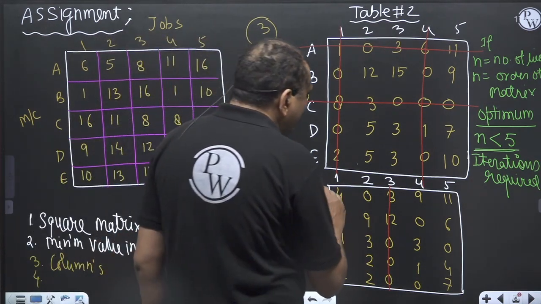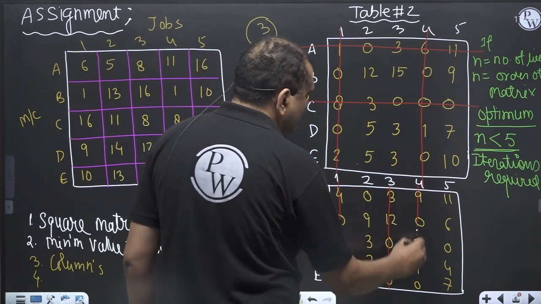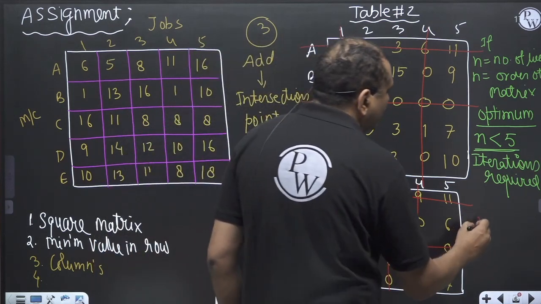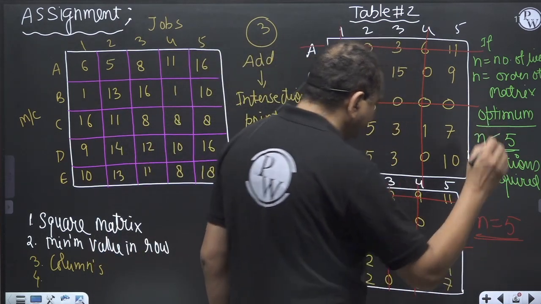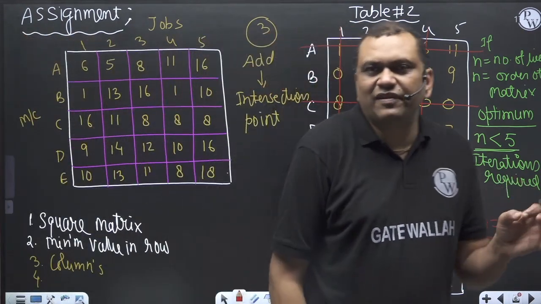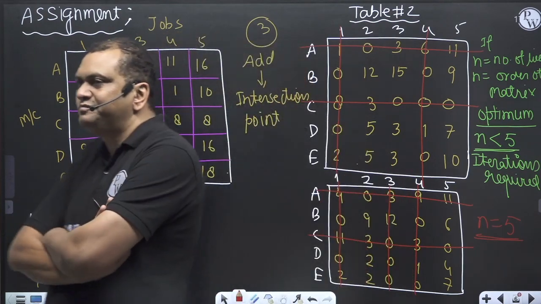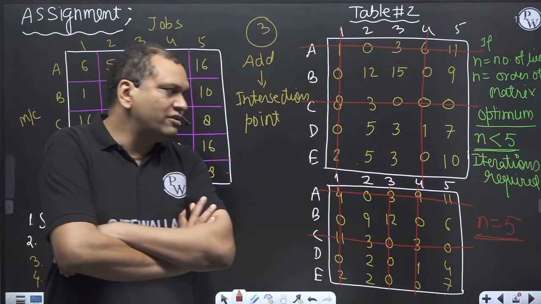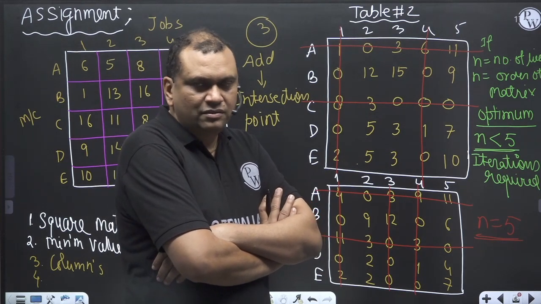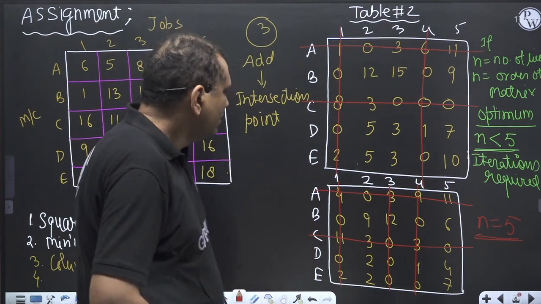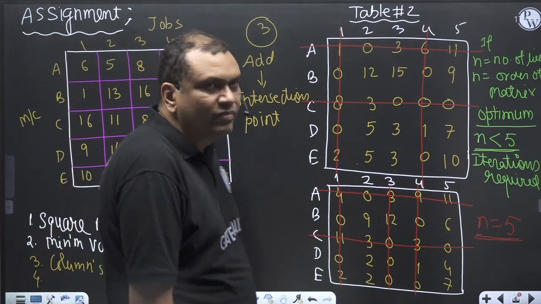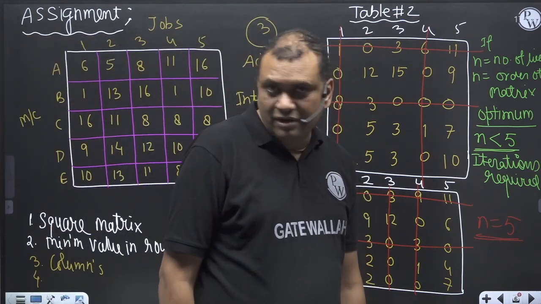See, whatever way you draw, the number of lines will be 5. Now the matrix is ready for assignment.